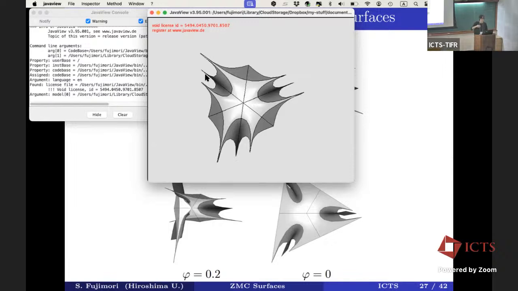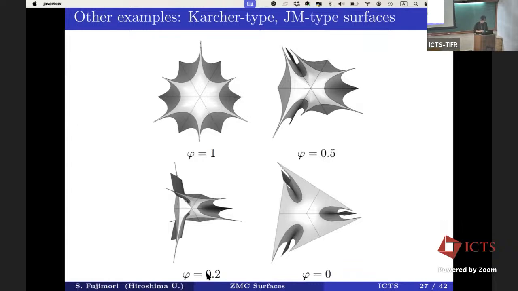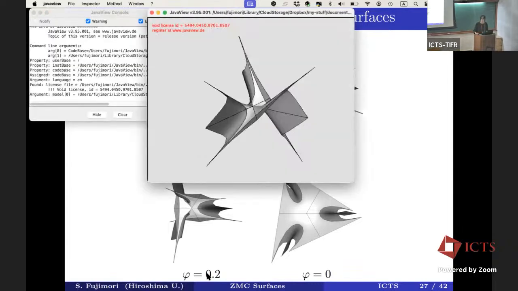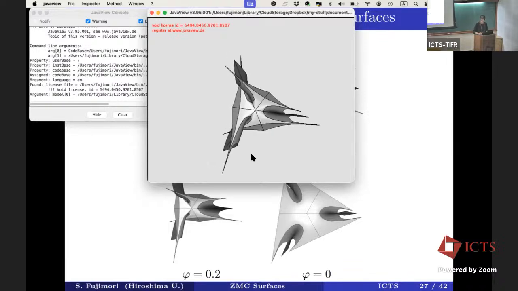So when phi is greater than 0.5, the surface is a graph. But here we have a vertical plane. And when phi is smaller than 0.5, then this is not a graph anymore. So you see, this is not a graph, but still embedded.